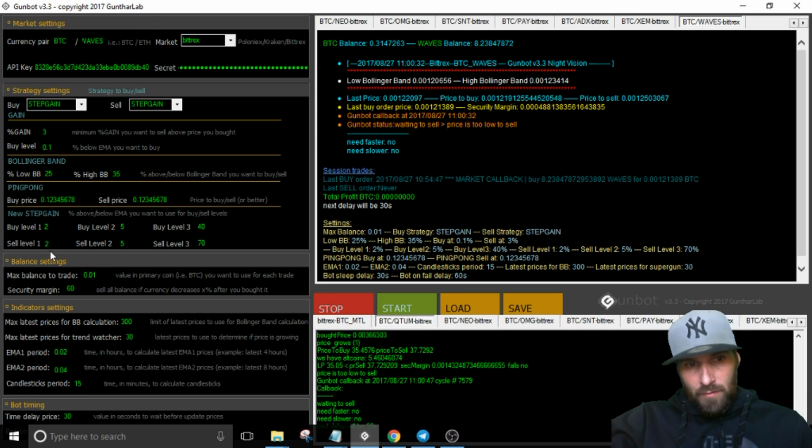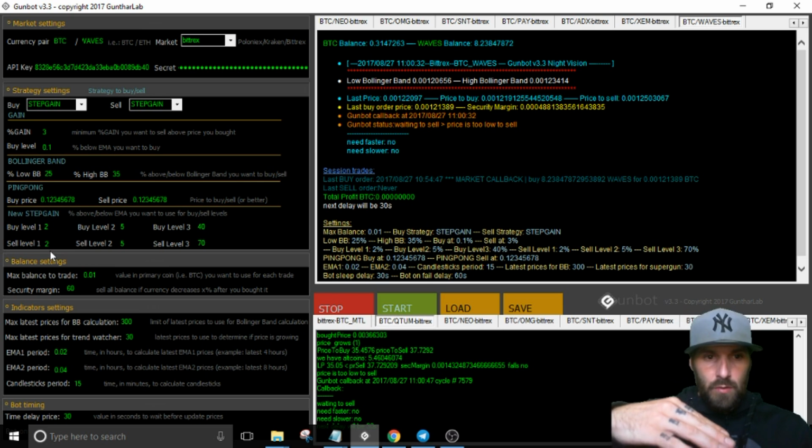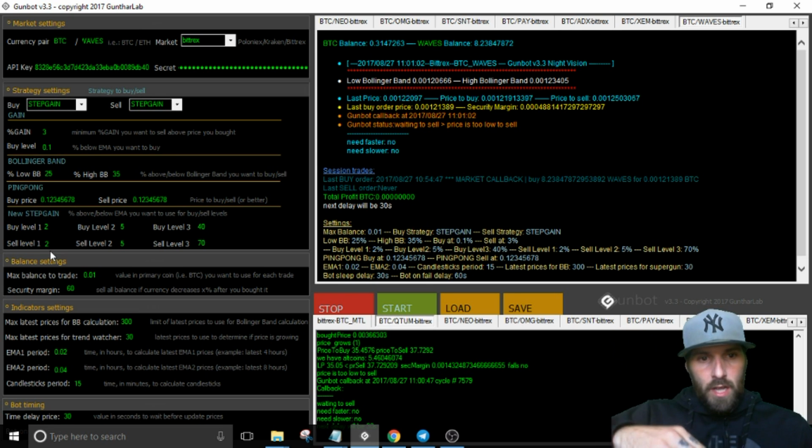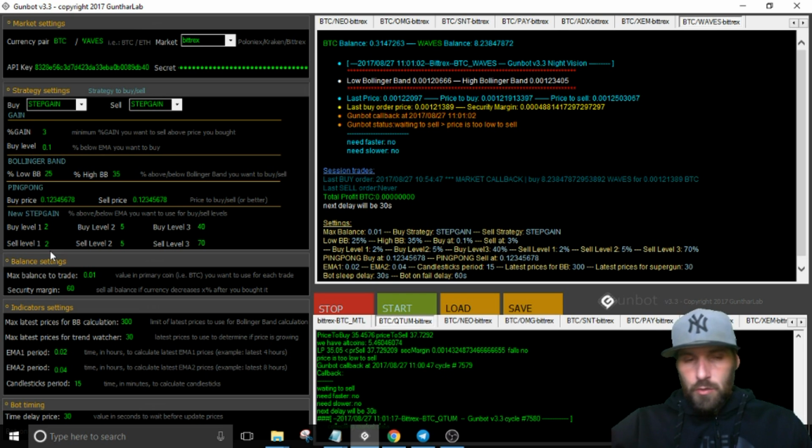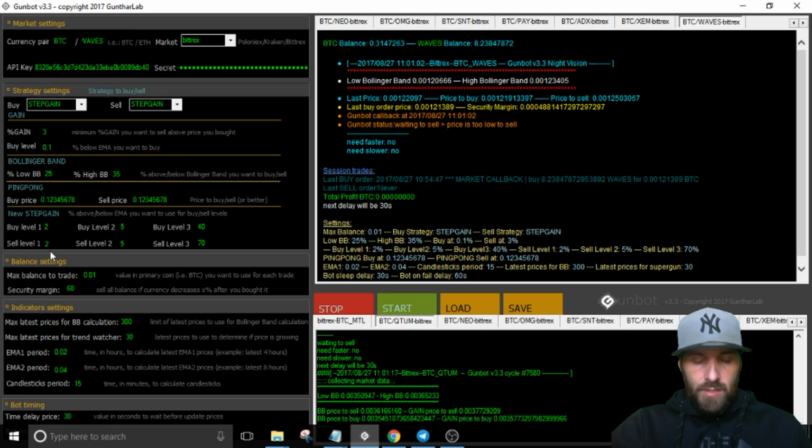If it passes 2% and keeps going, it will try to hit 5%. Same thing, passes 5%. Say the thing shoots up. It will keep going until it tries to hit 70% above where you bought that in at. And if it does not reach that 70%, it will sell somewhere higher, in between 5 and 70.